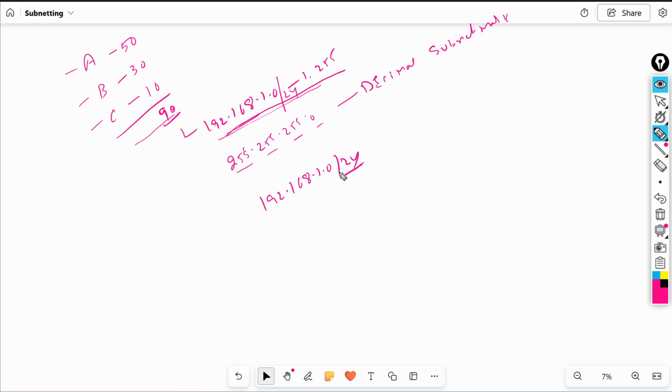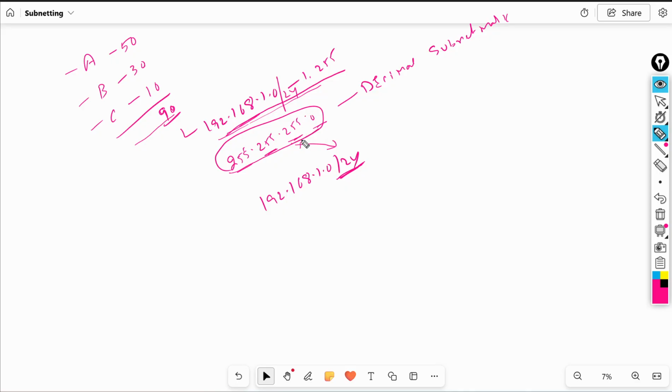Whenever you see /value after an IP address, /24, /25, /26, whatever it may be, that number represents network bits. So 255.255.255.0 and /24 both are the same. So here also we have 24 network bits. Here also we have 24 network bits.